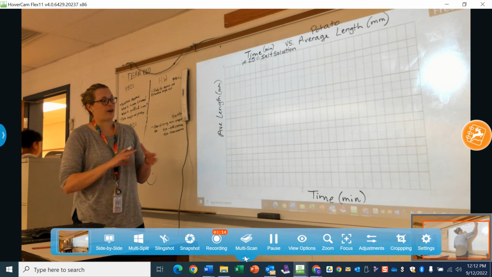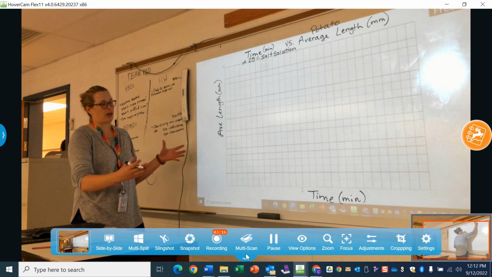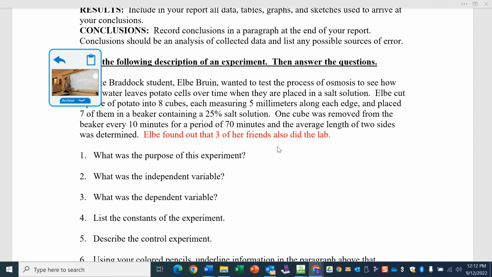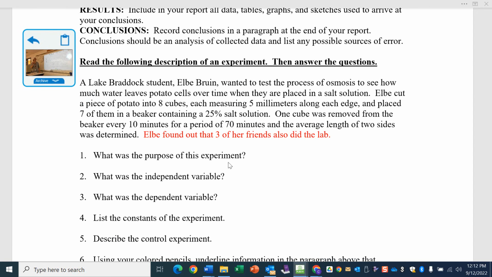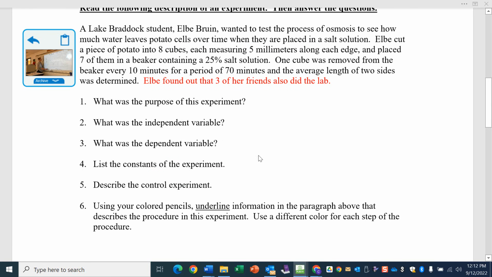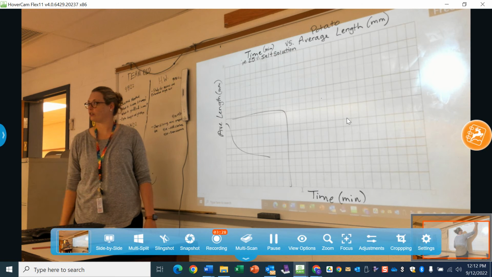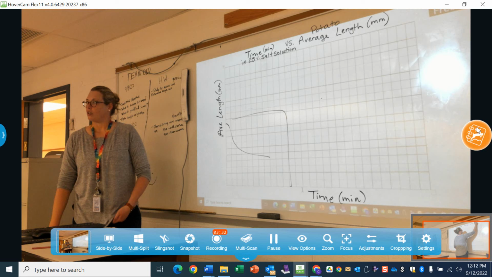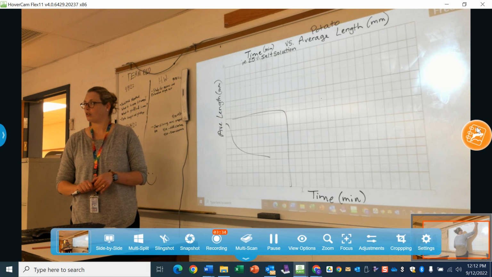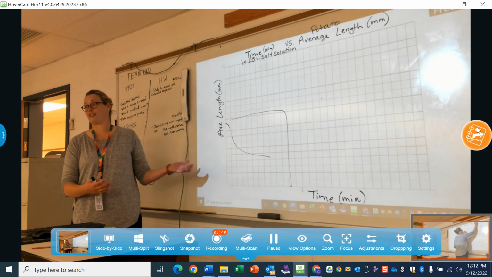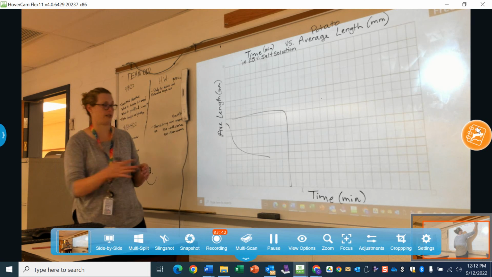So when we figure out the scale that we want for our axes, why is it important that I don't just put everything in the little corner here and call it a day? Why can't I just graph it here? Yeah, it's empty, it doesn't look as nice, but you also want it to be as big as possible because it is easier for me to read if I take up all that space.